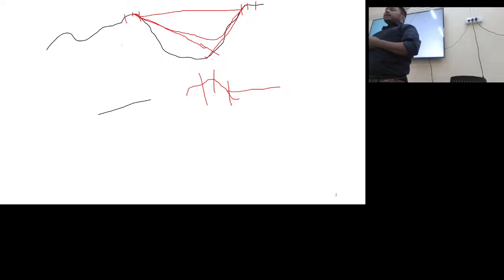Or if somebody can go to the site also, we need not take any sophisticated instruments, we can take help of any local person. They can insert something and measure the maximum depth, where by visualization we can see where the maximum depth can be. Or from the shape of the river itself, we can have an idea where the maximum depth would be.